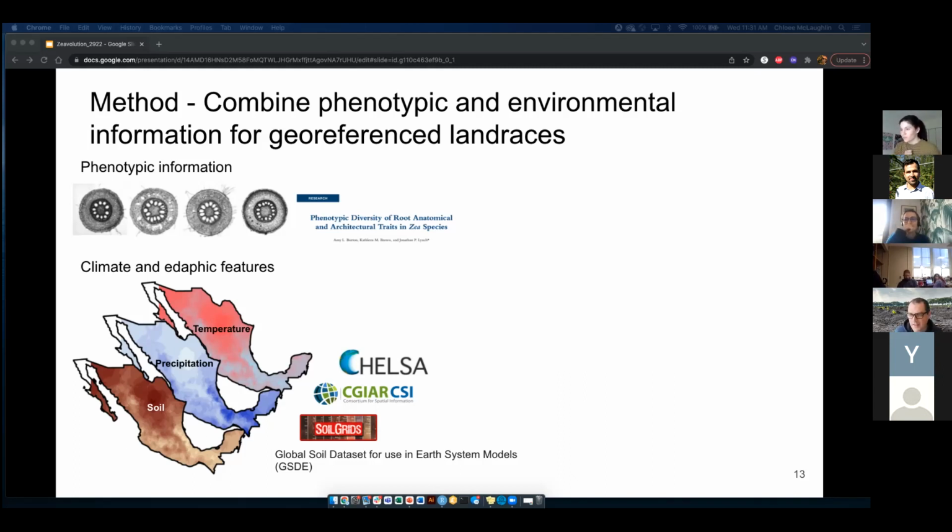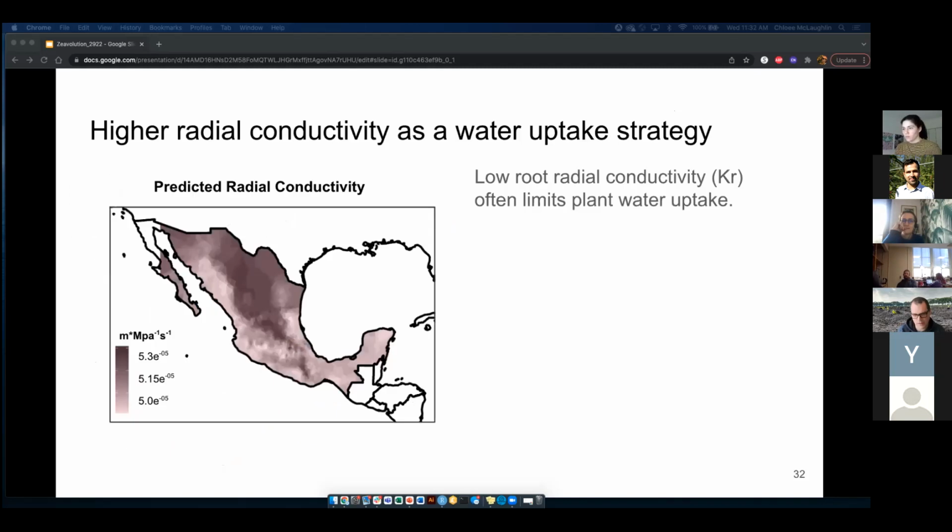Sorry, Chloe, just a technicality. I was curious, does water radial conductivity measure just uptake from soils into the xylem, or is this a measure of the net balance of water from the soil into the xylem and xylem into the soil?